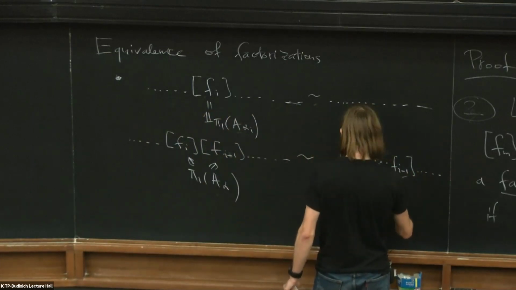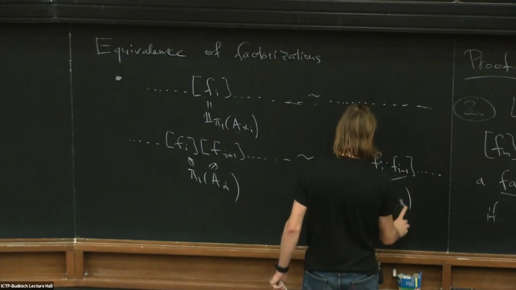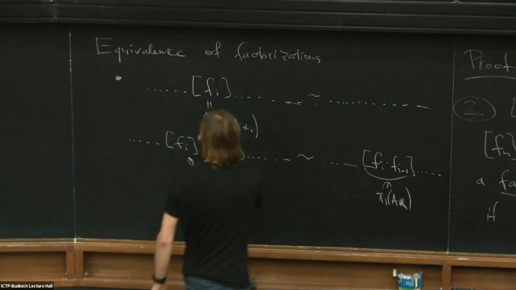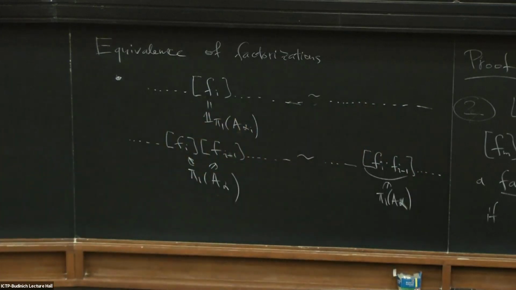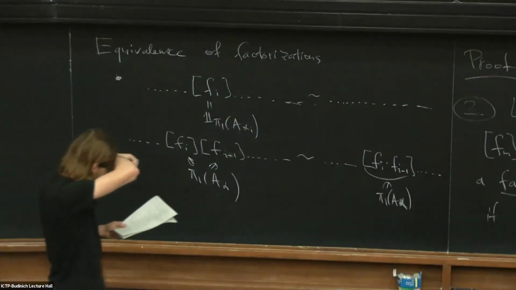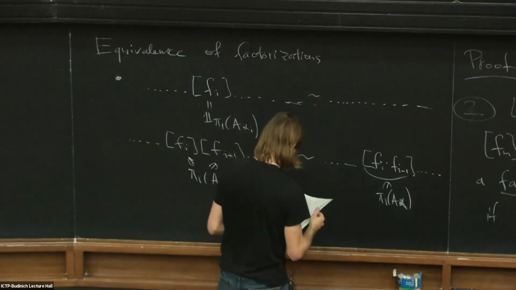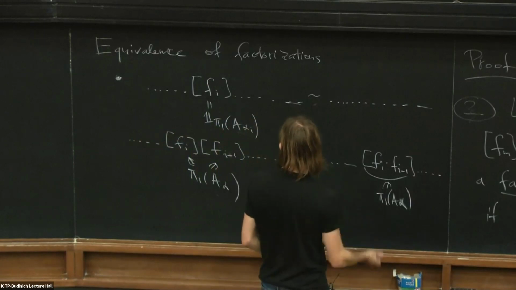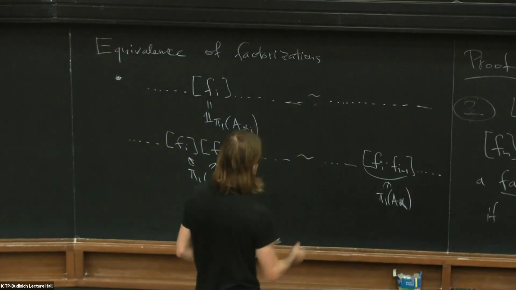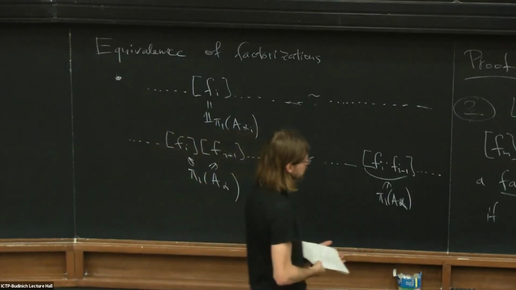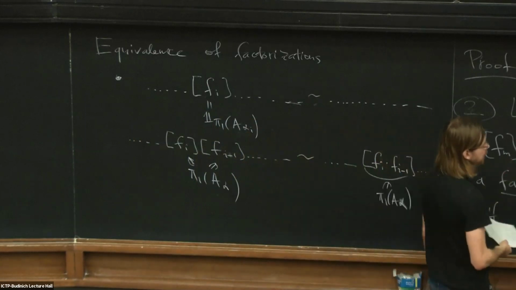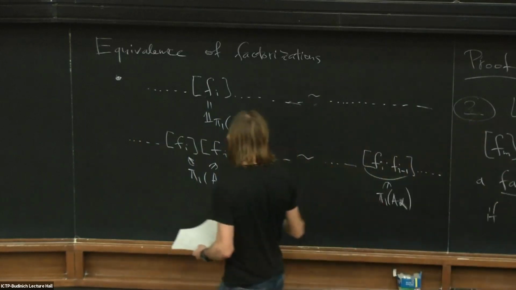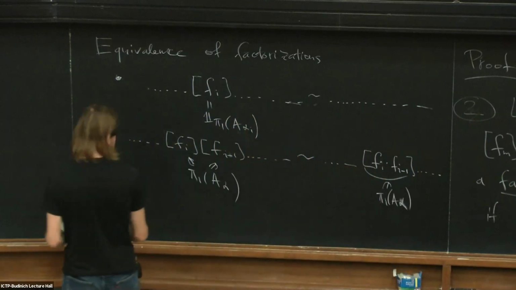In other words, you just use the group product in pi1 of A alpha. So this essentially tells us that if you include this equivalence relation, this defines a particular element in the free product of the pi1 of A alphas.